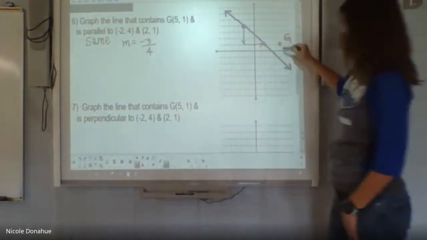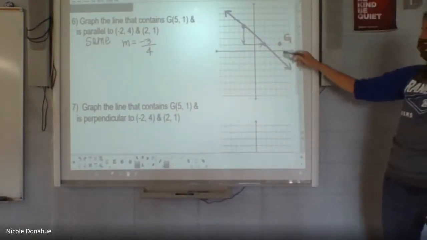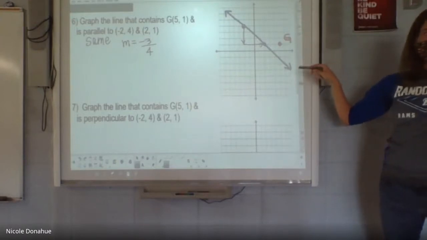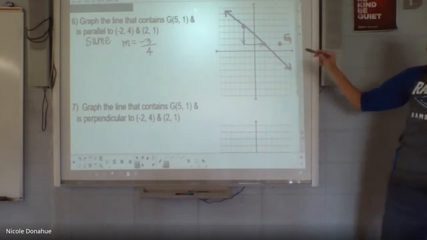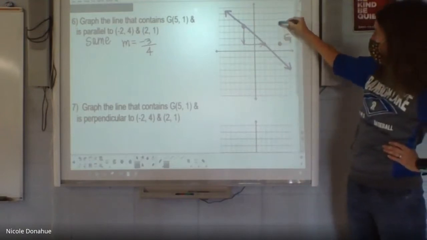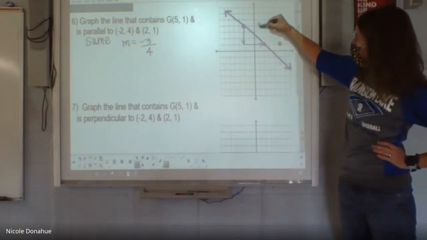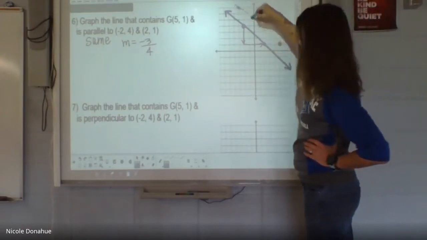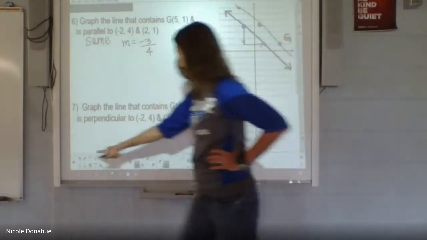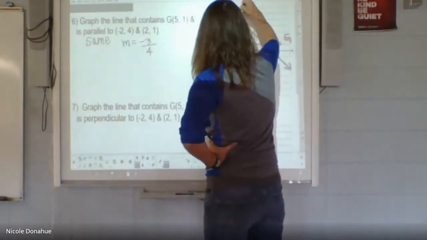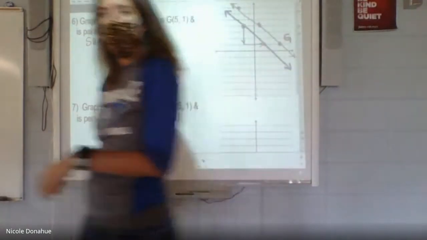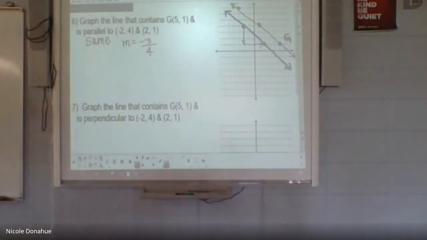So we need to go down 3 and over 4 on G, but if you notice, I'm going to run off my graph. What can I do instead? I can go up 3 and then back 4. Up 3, back 4. Really bad plan. So there's our parallel line that goes through G that's parallel to that blue line.